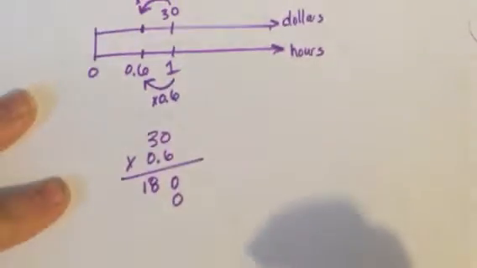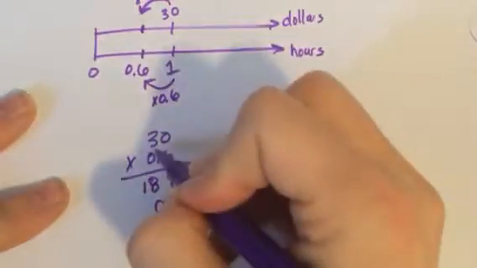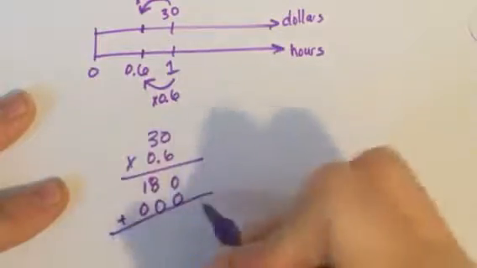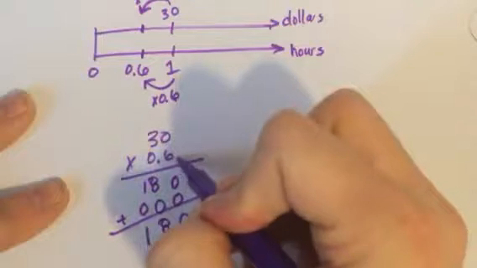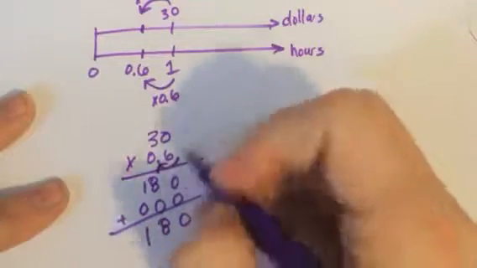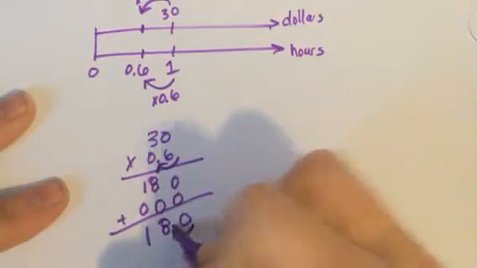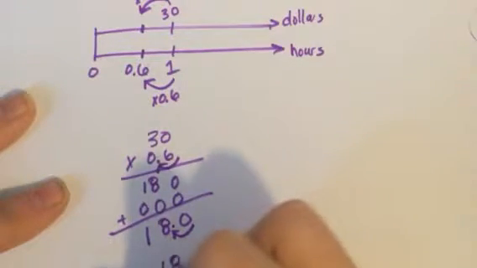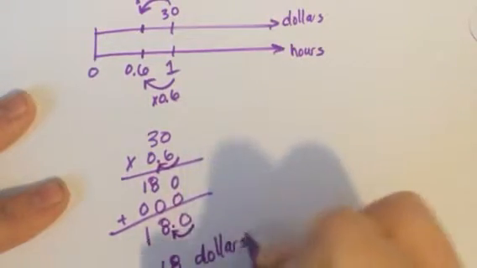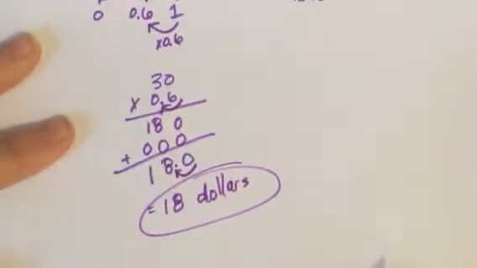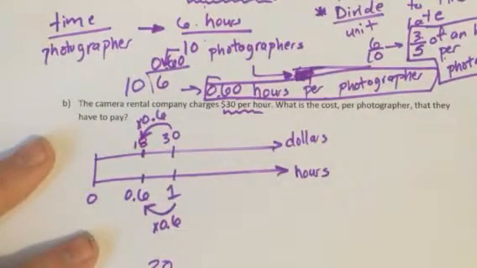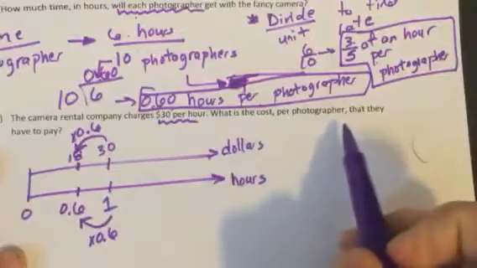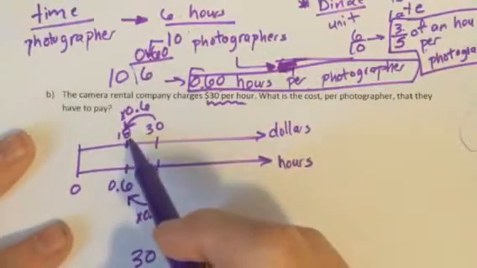There's my place value 0. 0 times 0 is 0. 0 times 3 is 0. Add these up. 0, 8, 1. Don't forget your decimal. In my two factors, I have a total of 1 decimal place. So I'm going to have my 1 decimal place here. So I have $18, which I can then put on my double number line, right above 0.6. The cost per photographer that they have to pay, each photographer pays $18.